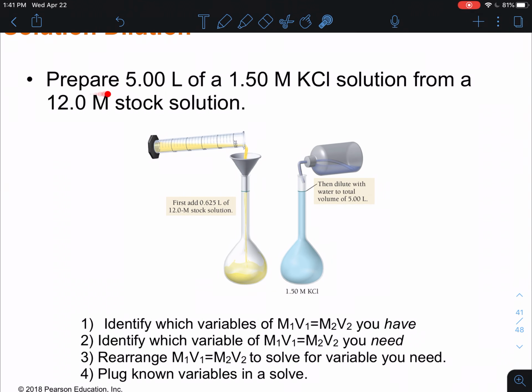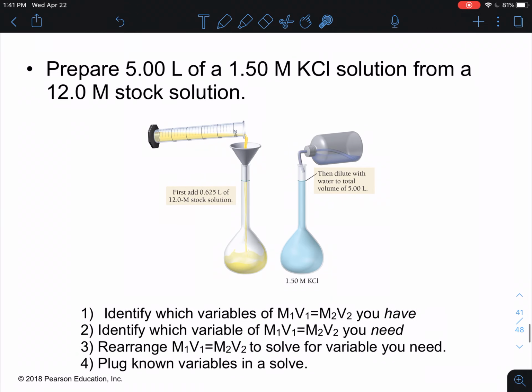Here's another example. Prepare 5.00 liters of 1.50 molar KCl solution from a 12 molar stock solution of the same. So we have to take a 12 molar stock solution and prepare 5 liters with a new concentration of 1.5 molar.